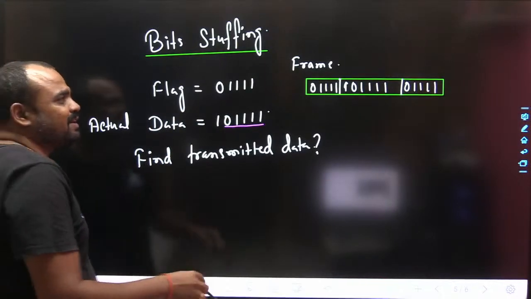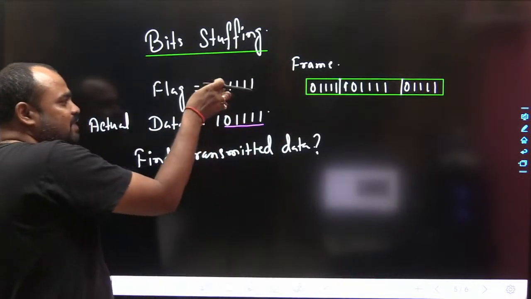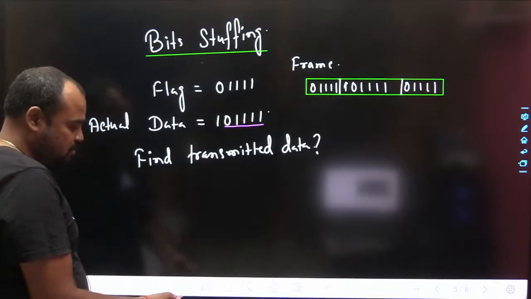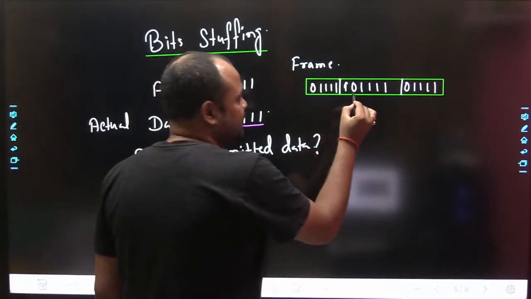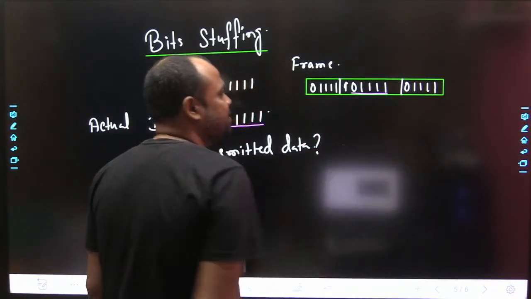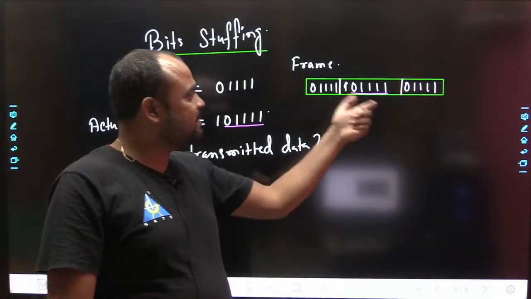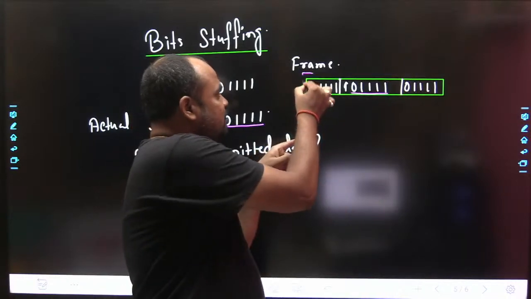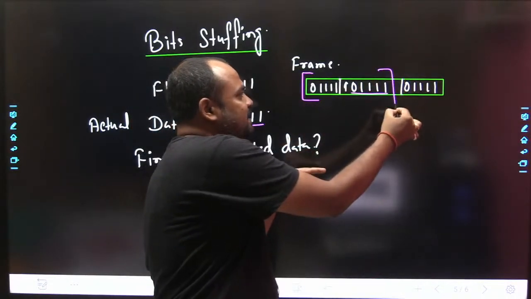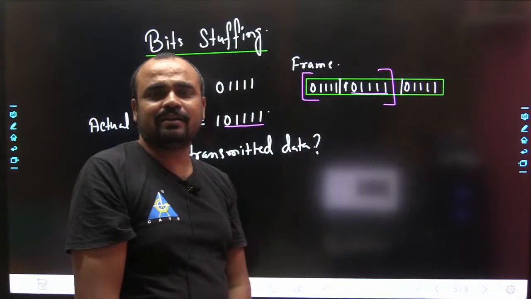Here inside the data part the flag is appearing, so at the receiving end the wrong, or incorrect, frame will be accepted.